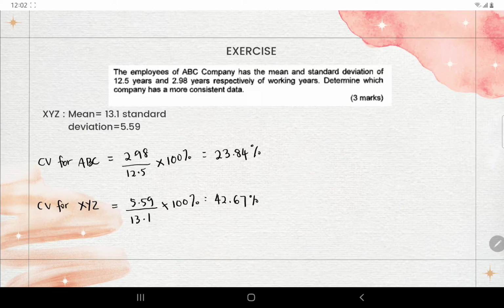So the results show that company ABC has more consistent data compared to company XYZ.